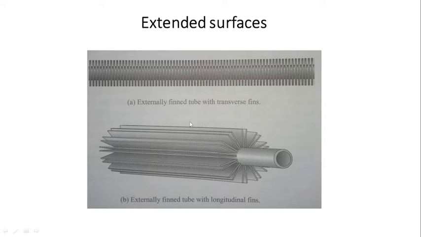So if we fit these fins, then the total length required might be smaller, because the rate of heat transfer will increase per unit length. And this type of structure can be impregnated on the external surface of the tube, or also on the internal surface of the tube, by two methods. One is integrally formed tubes, which is done by a cold forming technique.